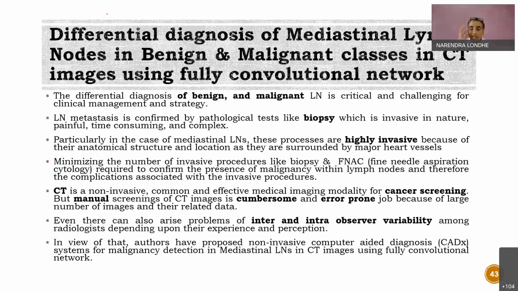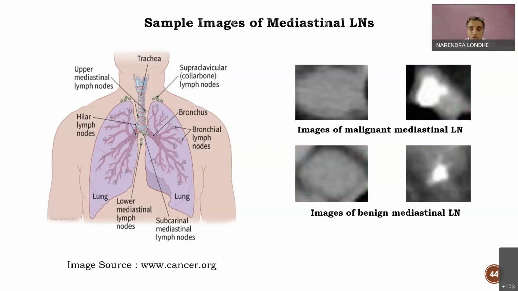So that is what exactly we are trying to do in this classification task. I will quickly go through this because I'm running out of time, but I just wanted to tell you about these things. These are some of the malignant lymph nodes and benign lymph nodes. If you just have a look visually, you will not understand which one is the malignant and which one is benign.